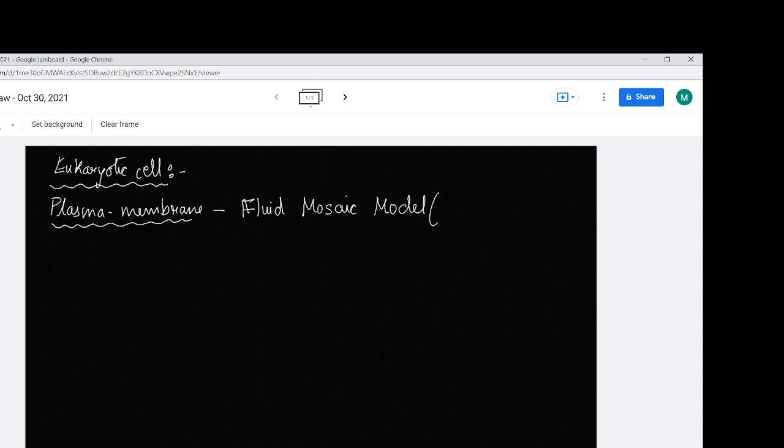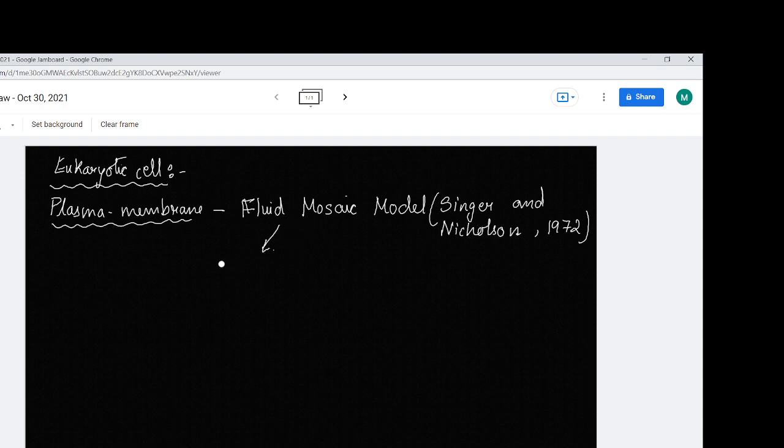So, when we talk about the plasma membrane, the most improved model of the structure of the cell membrane was proposed by Singer and Nicolson. These were the scientists in 1972. According to this model, the fluidity of the plasma membrane is due to the phospholipid bilayer.